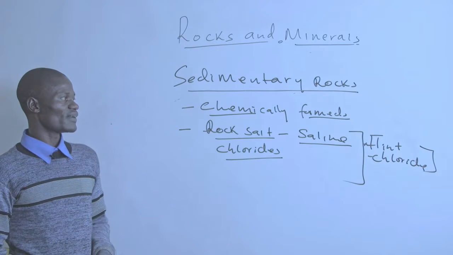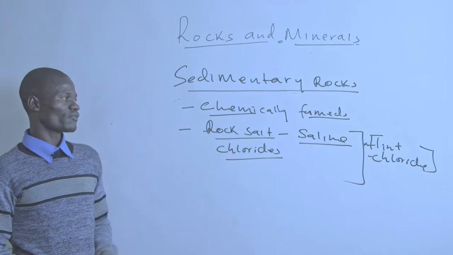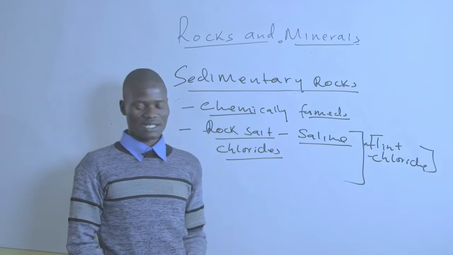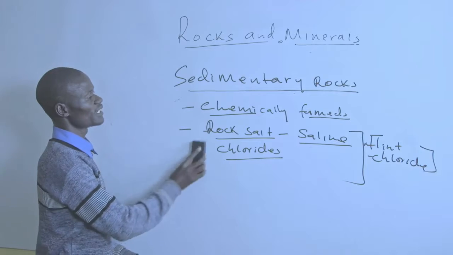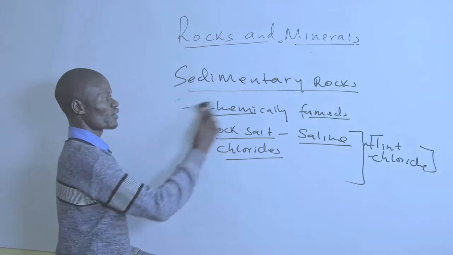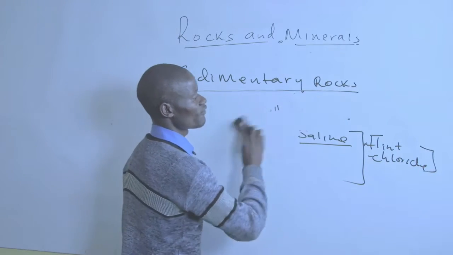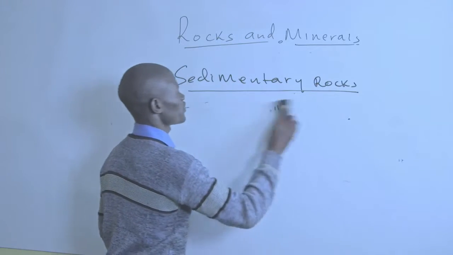That will give us such types of rocks, such as the flint and the chloride. Let's move on to the next classification of rock, the organically formed sedimentary rocks.